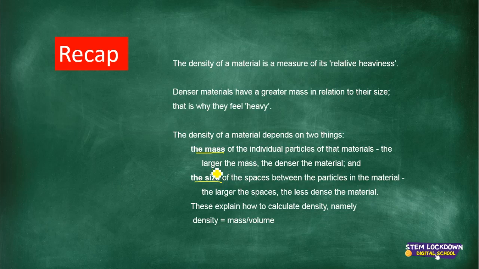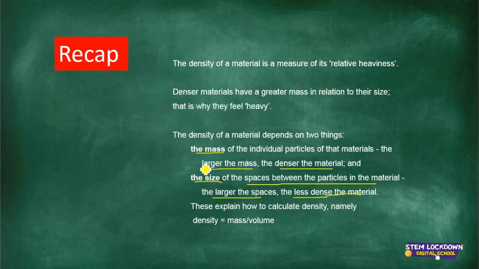So we say the larger the mass, the denser the material is. And then why it depends on its size: the size of the spaces between the particles. So we're talking about the spaces between the particles, and the larger the spaces, the less dense the material would be.